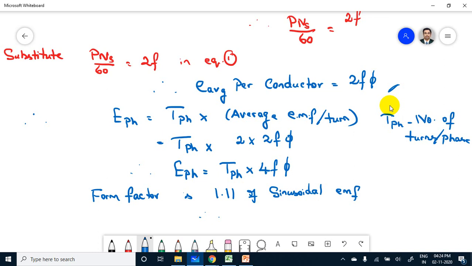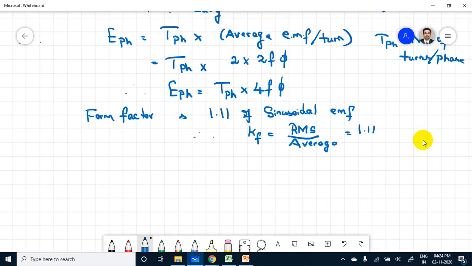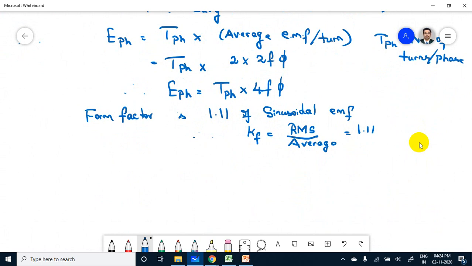Therefore, this form factor notation Kf is equal to RMS, root mean square, by average. This is the formula. RMS by average is equal to 1.11. This formula you already studied in your first year, basic electrical engineering.